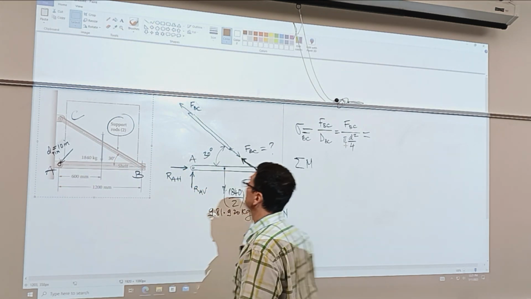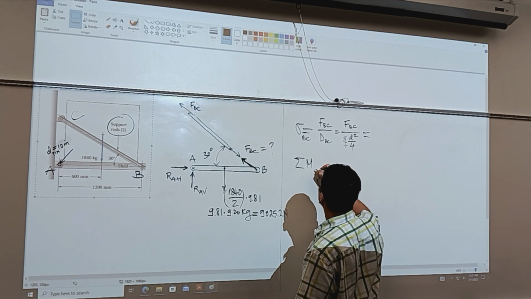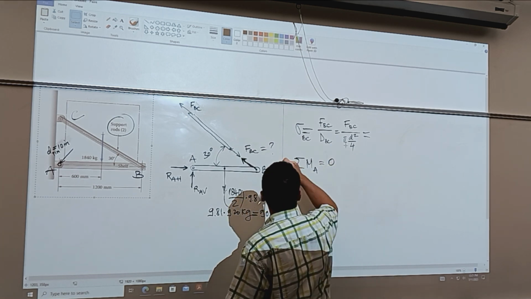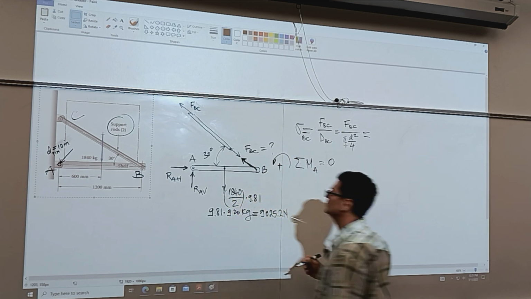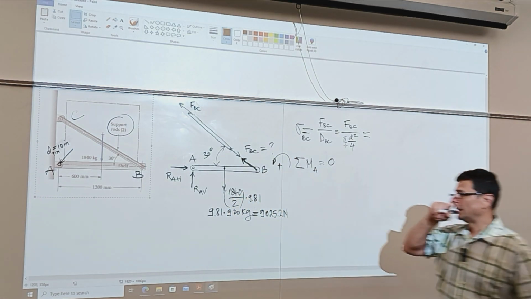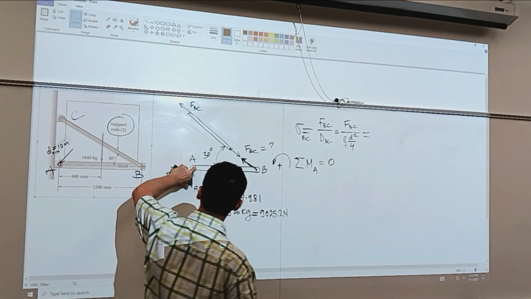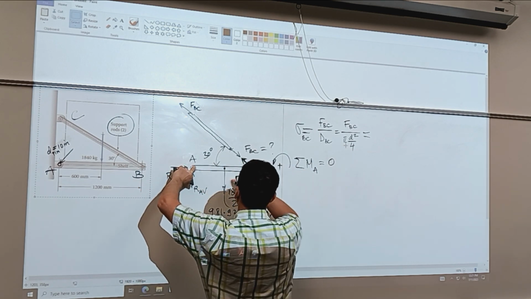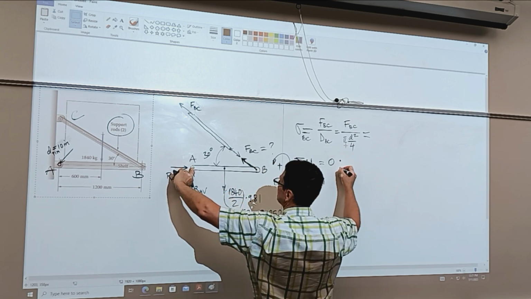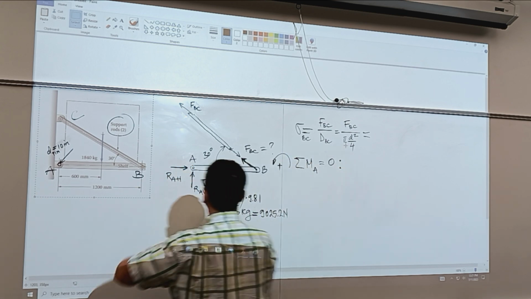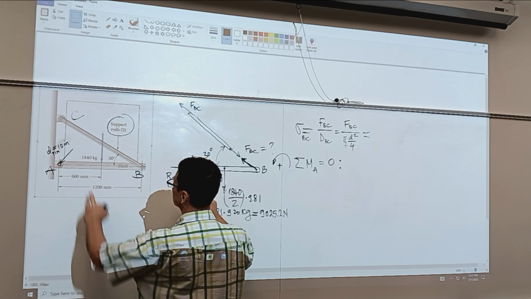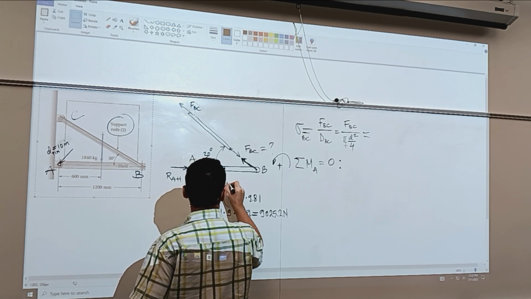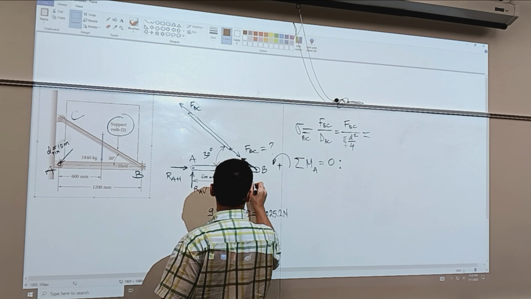All right? Okay, so I sum moments about point A, and we have equilibrium. And I tend to take, my choice, positive counterclockwise. So it pivots about point A, and as I move to the right, I see the moment. So this is 600 millimeters, and this will also be 600 millimeters.